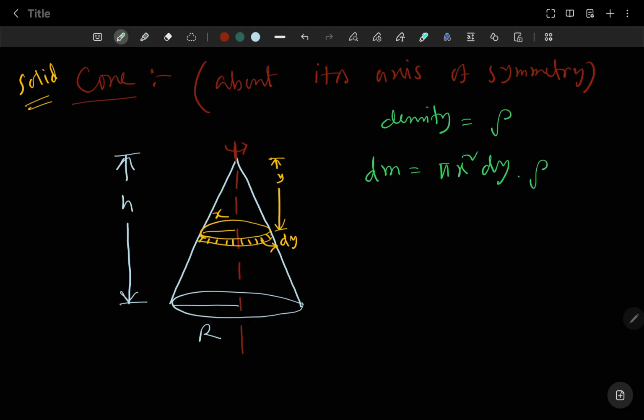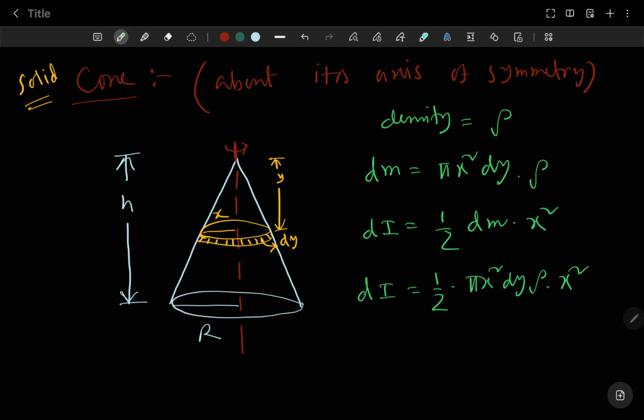Alright, so the moment of inertia of this disk will be dI is half m r square, that is half dm into x square. So it will be half pi x square dy rho into x square.